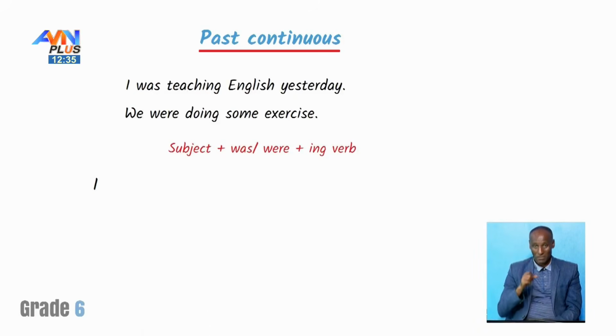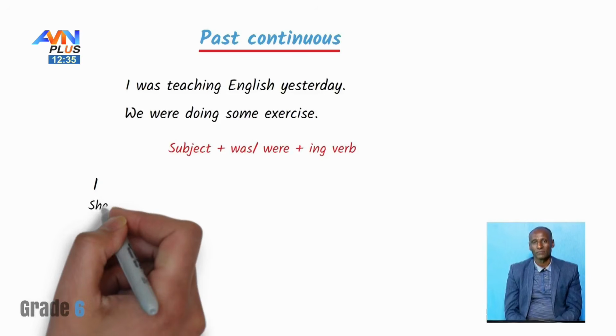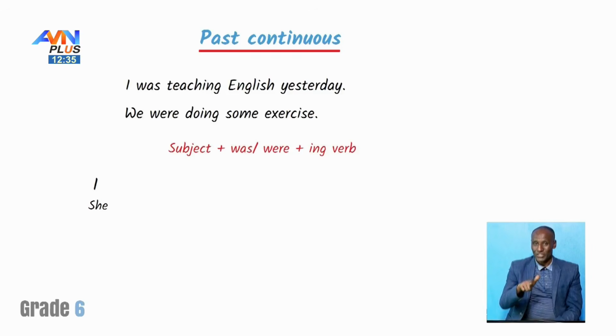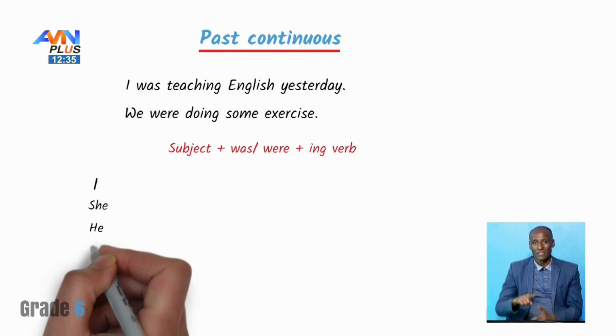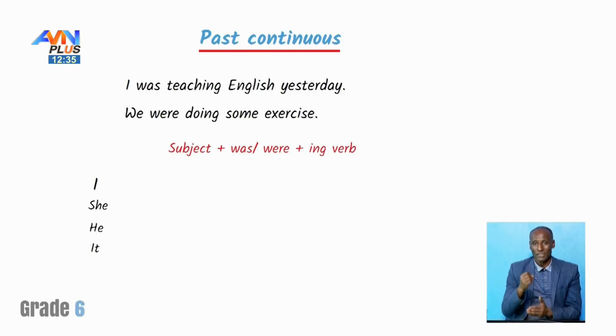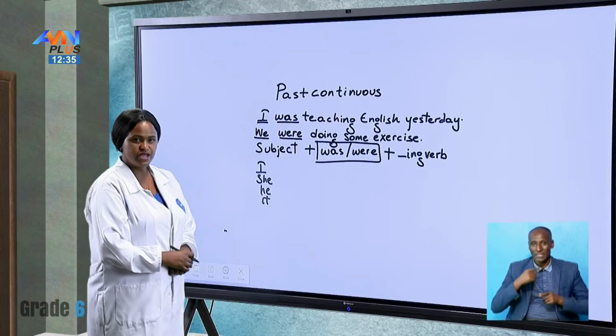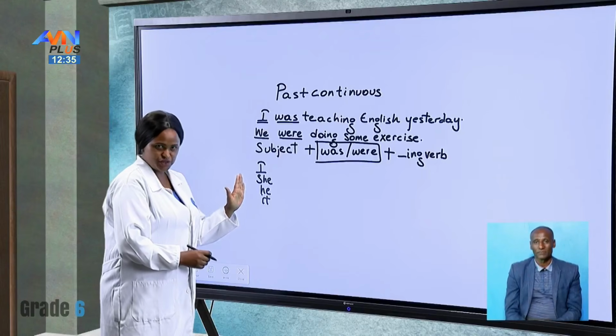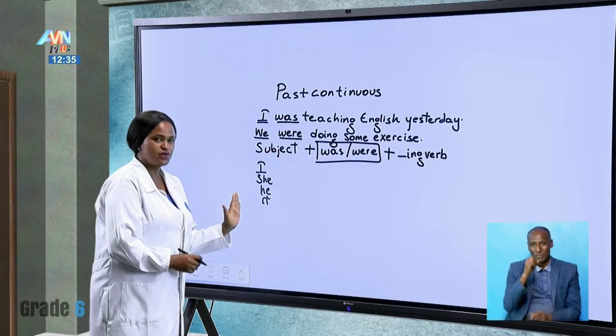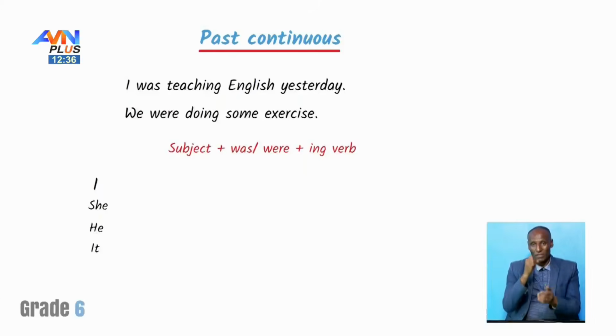Then she. And he. Then for objects and animals, we say it. Do you see these three? When you have a subject of these three, or singular subject, then the auxiliary you use is was.